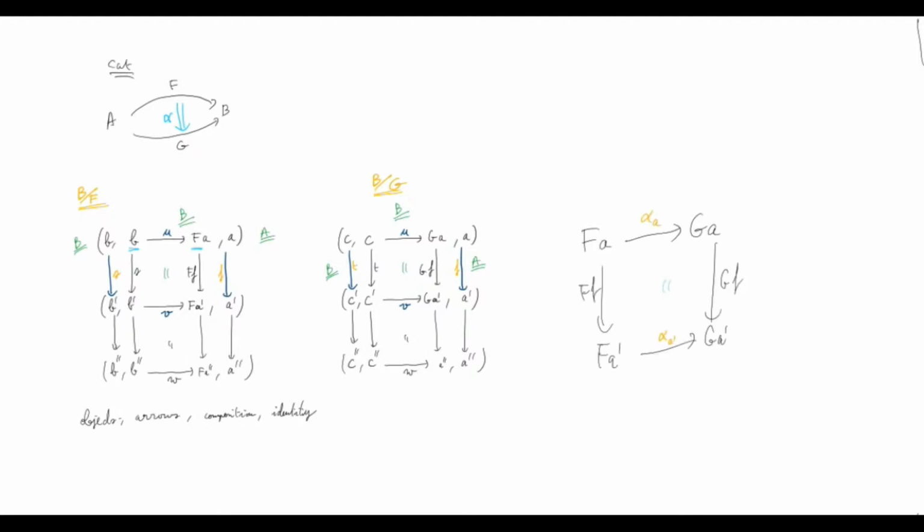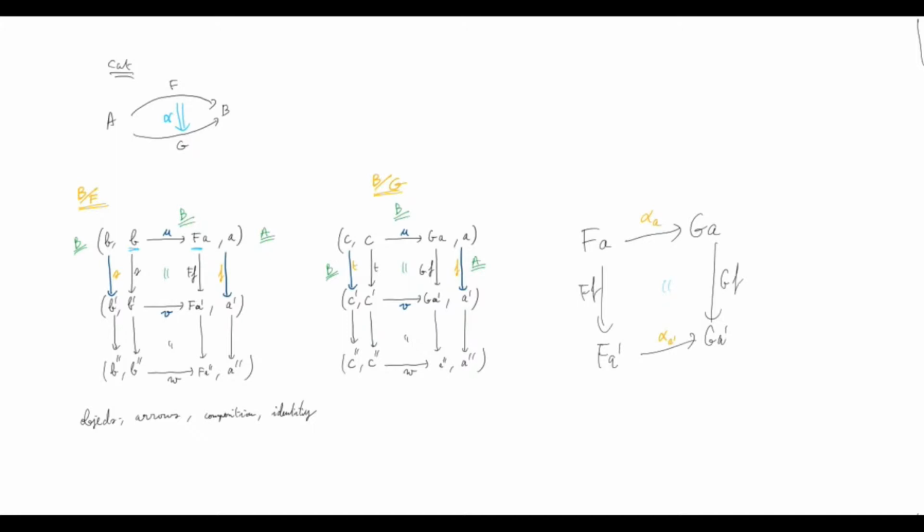Now, if you remember, the natural transformation was a collection of morphisms, alpha A prime, one for each object of A, such that for any morphism f in A, the corresponding square commutes.